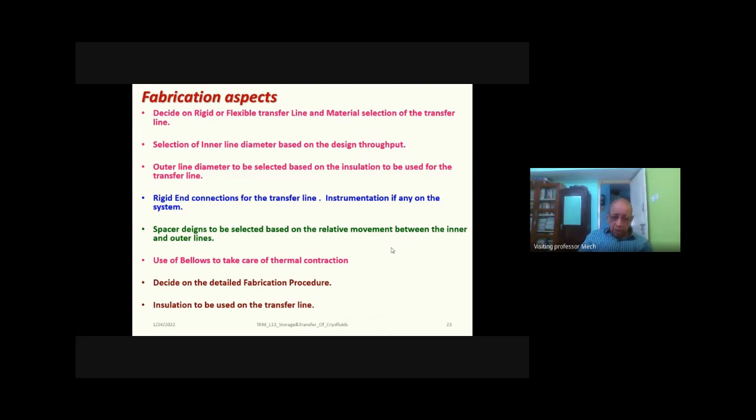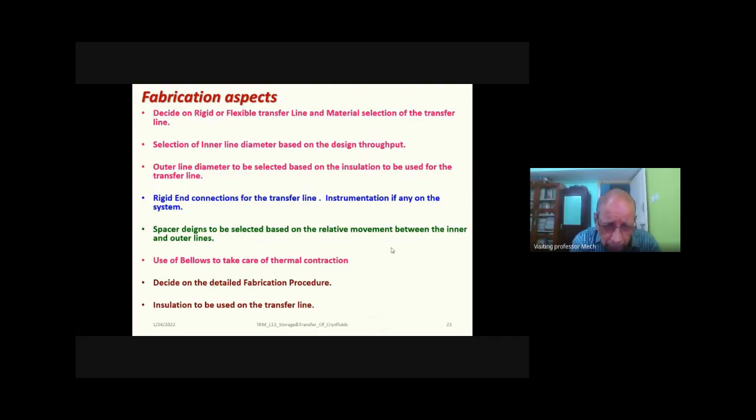Normally, low thermal conductivity spacers are to be used. And if you are using bellows to take care of thermal contraction, it is preferable to use them on the outer tube, not on the inner one, because it is much easier to repair or make any modifications in case it's needed.